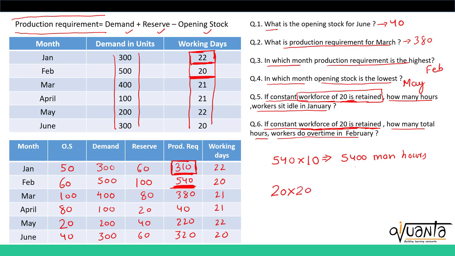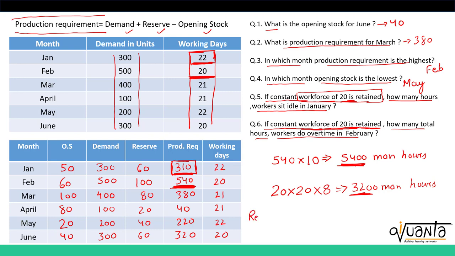So they will be working for 20 days, and each day there will be 8 hours of working. So total work that is available will be 3200 man hours. So this much work has to be done, 5400 man hours, 3200 man hours of work is available.